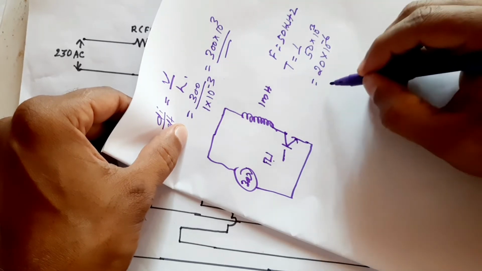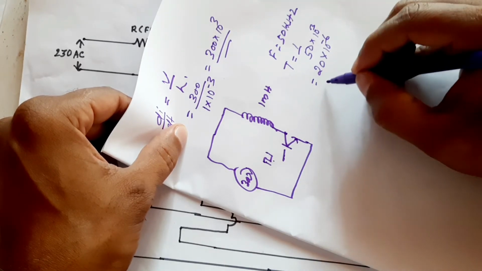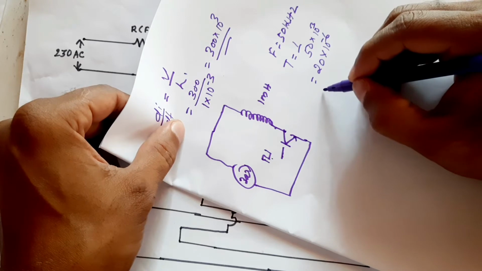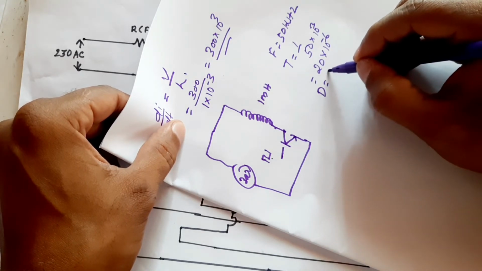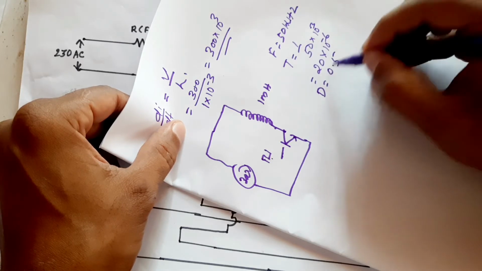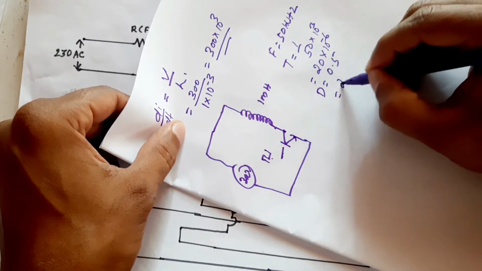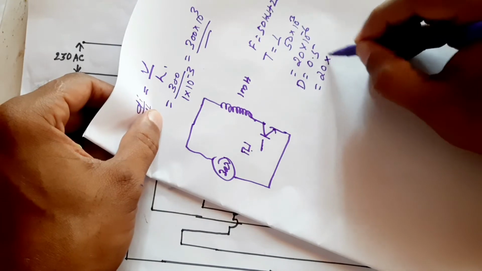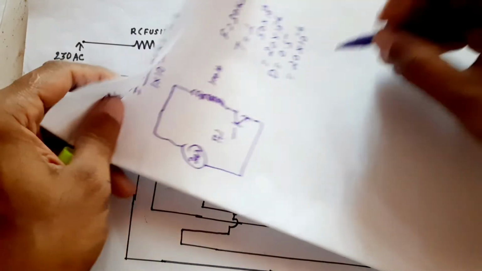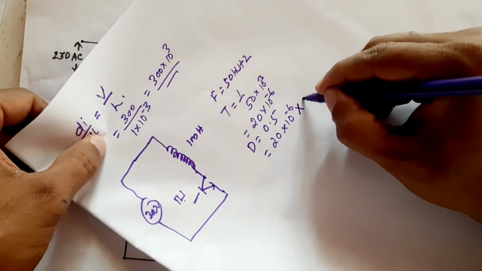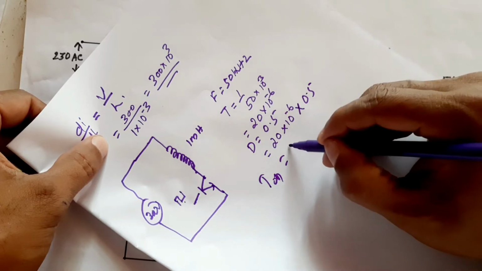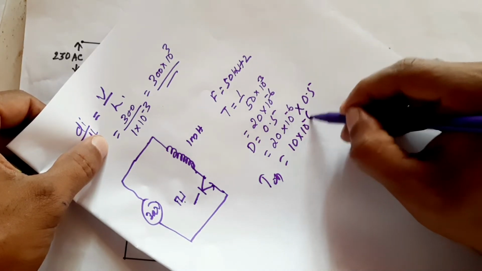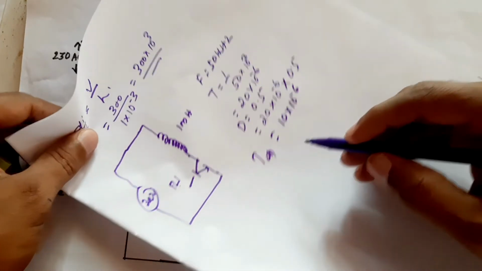If we turn on the transistor for half the time and half the time it is off, that is a duty cycle D of 0.5, then T on is 20 microseconds into 0.5, which is 10 microseconds. The transistor will be on for 10 microseconds.